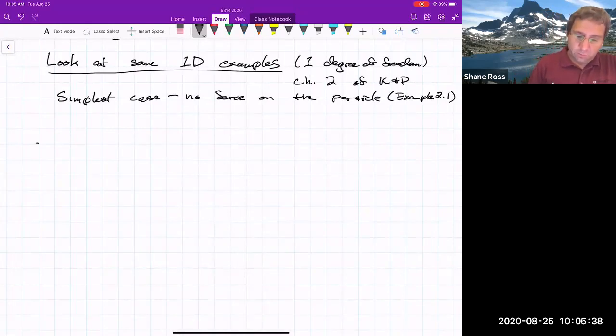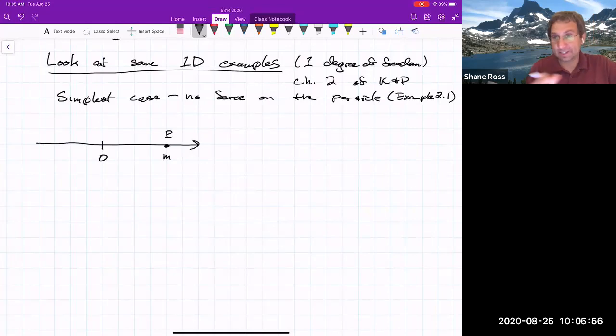So I'll just draw sort of the one dimension. We're looking at motion in this one dimension. We've defined an origin. And so here's our particle P. It's got a mass m, and we'll say the location, the distance, is x.